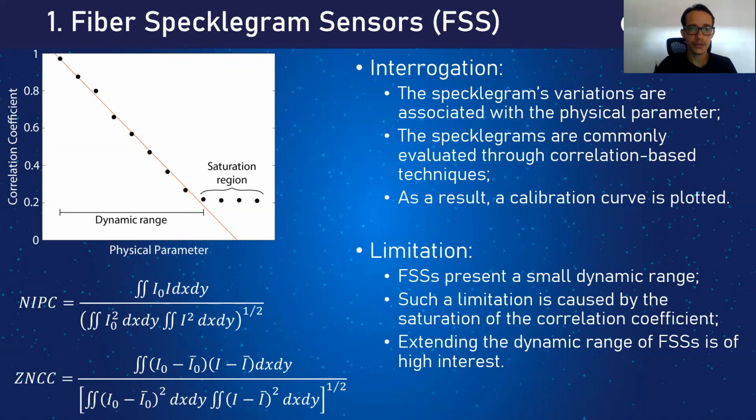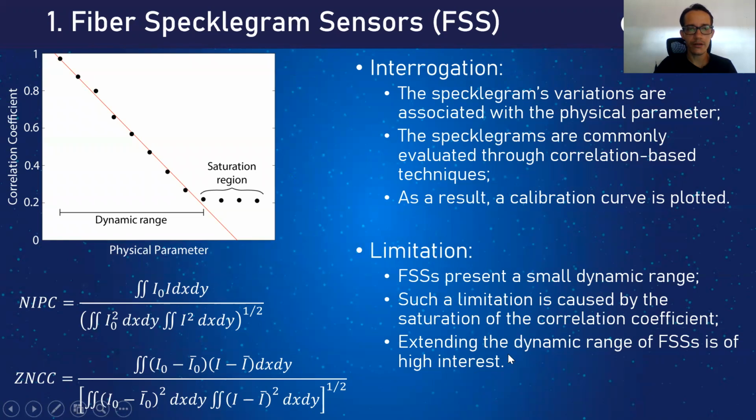Among these techniques, we can highlight the normalized inner product coefficient, the NIPC, widely used in the literature, and the zero mean normalized cross correlation, the ZNCC, a matching technique that presents an invariance to uniform brightness variations.